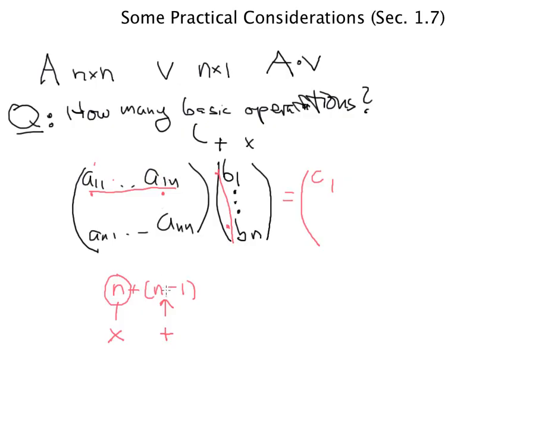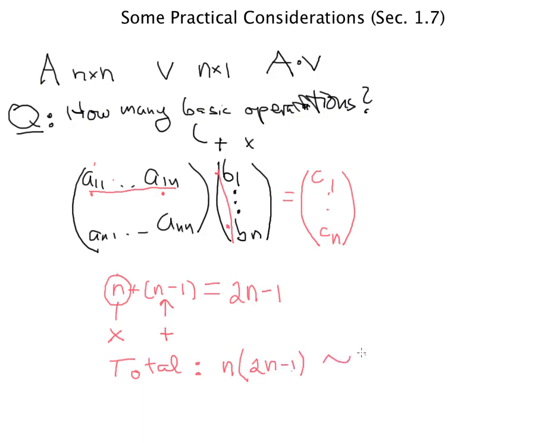And so there are n minus 1 additions. So this is 2n minus 1 operations. And so in order to get the entire result, you're going to need to compute n of these, C1 through Cn. So you're going to have to do this n times. So the answer is n times 2n minus 1.